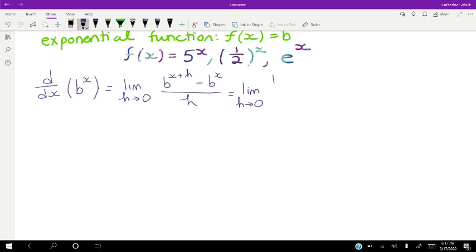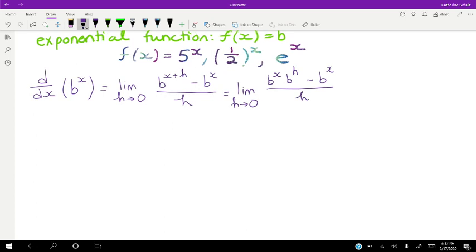So I'm going to go backwards with that exponent rule, because b to the x times b to the h is equal to b to the x plus h. We can go both directions. And when I do that, now I can factor out a b to the x, because it's in common.